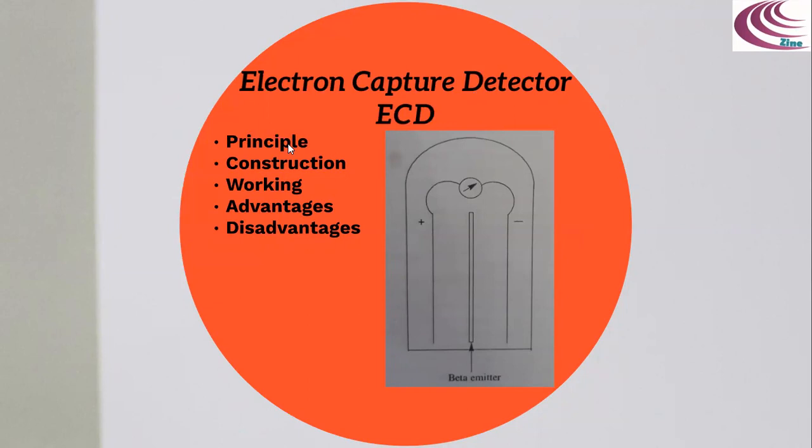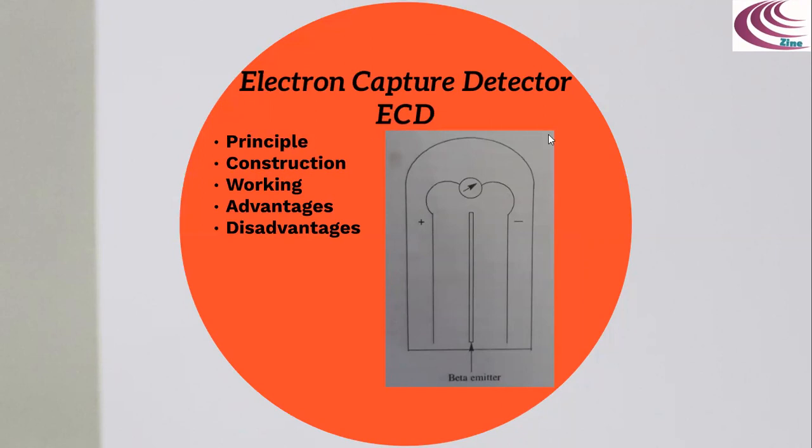If an organic compound which is capable of capturing electrons comes in the path of this electron beam, suddenly the number of electrons is decreased and it results in a change in the current in the circuit. And this change in the current gives indication about the presence of an organic compound in the eluate and also about the concentration of it.